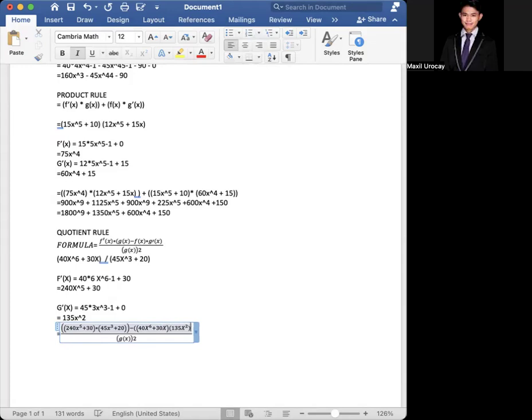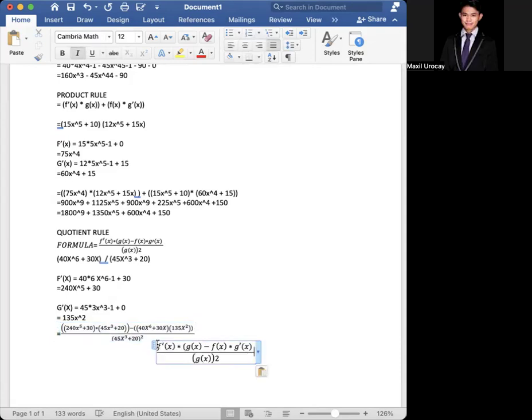That's how you will work. So that is closed parenthesis, and your g of x to the power of 2, that g of x is 45x to the power of 3 plus 20. Then you will put that in an open parenthesis and square it as well. So that's how you will work on that.